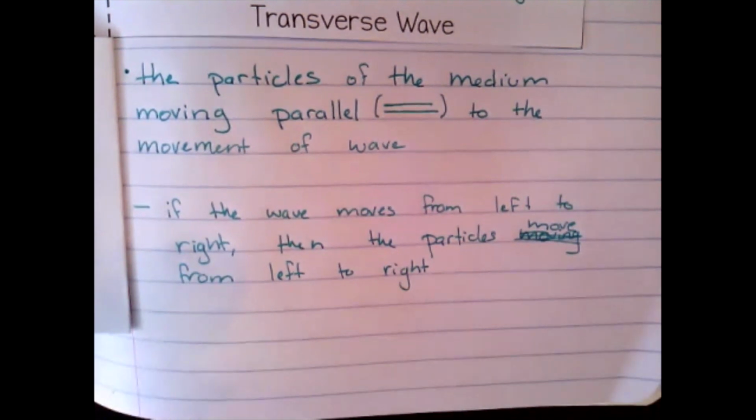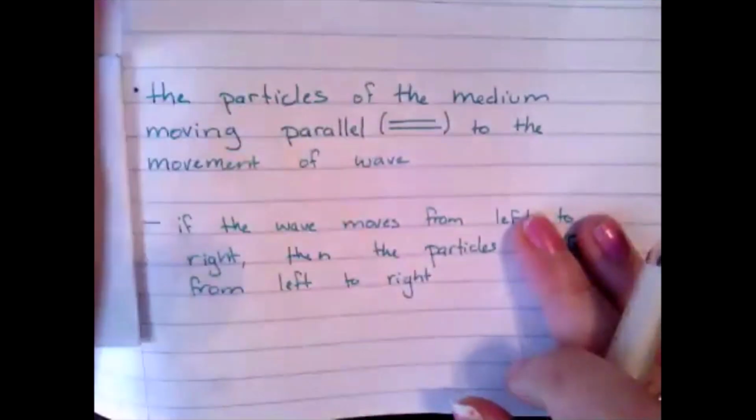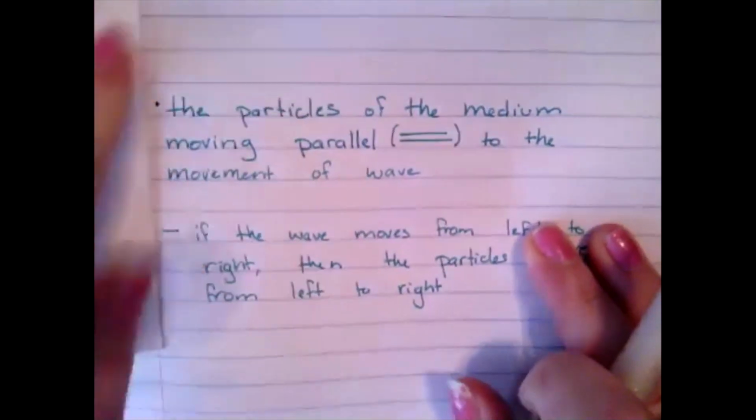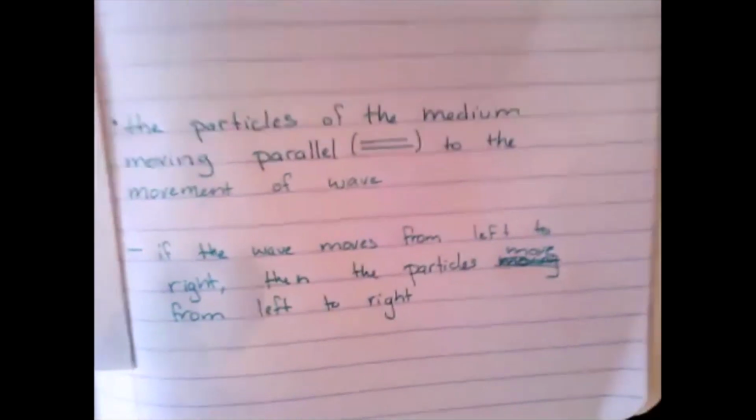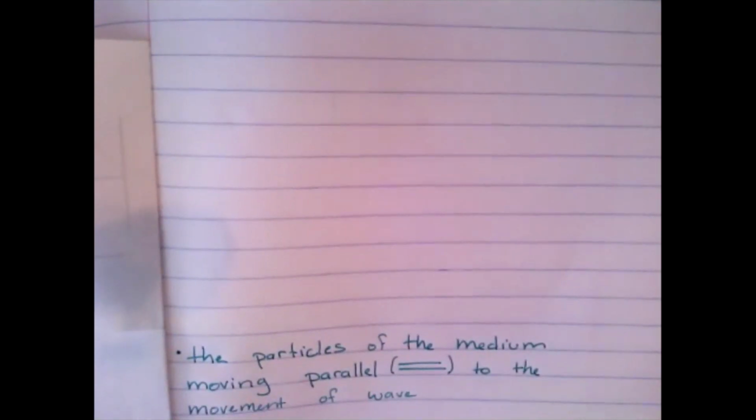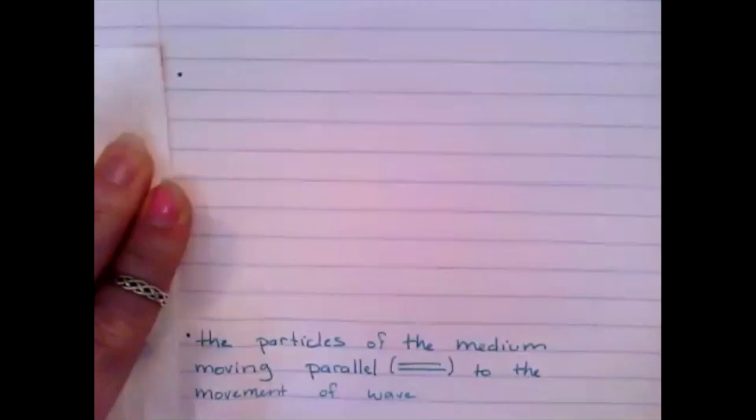Thank you for doing this. Are we going to move on to the next one? We are, we're moving on right now. Transverse waves: the definition and example are pretty much the same. The only thing is we're going to change one word.